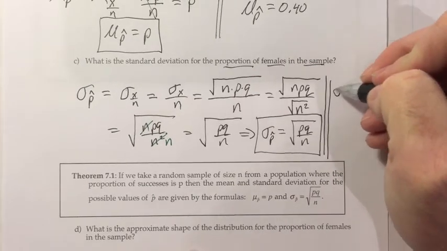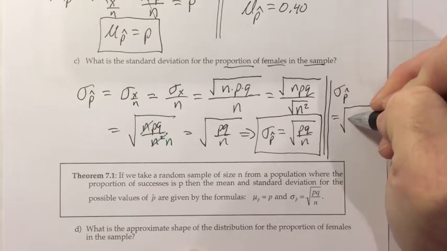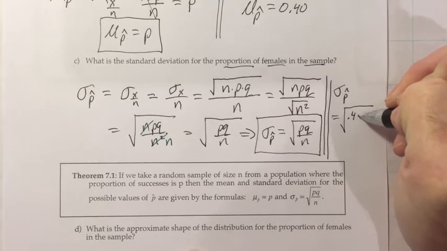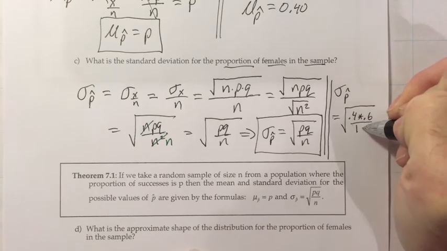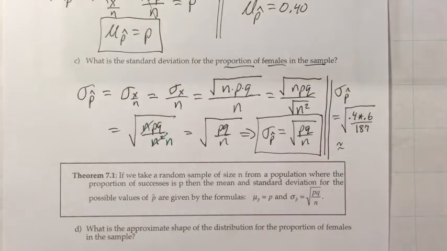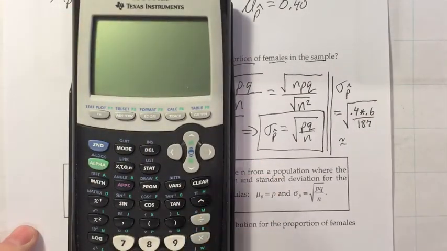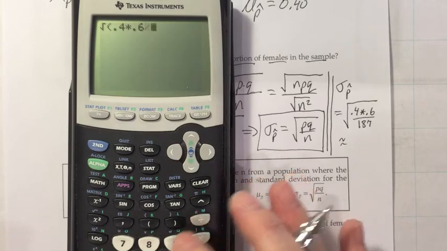So let's see, the sigma of p hat would be equal to the square root of p 0.4 times q 0.6 over n, which is 187. So sigma of p hat is, and let's have a look at that. So the square root of 0.4 times 0.6 over 187.